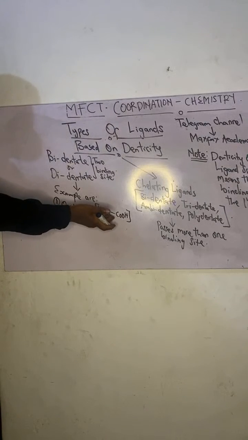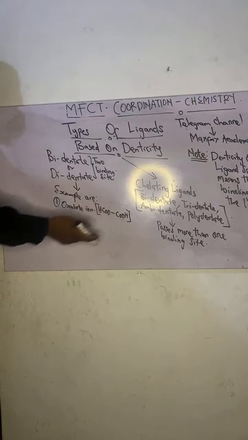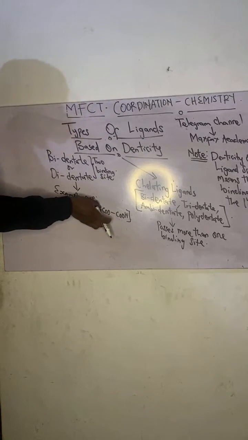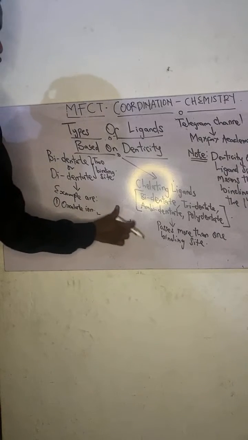This is ethane 1,2 dioic acid. It consists of two binding sites. This is one part, this is another part.